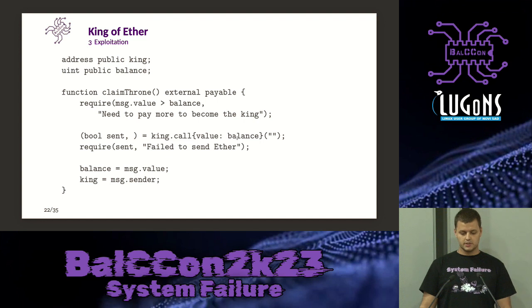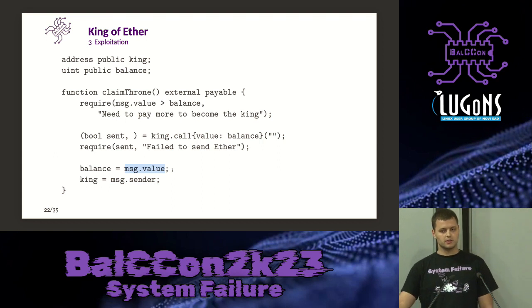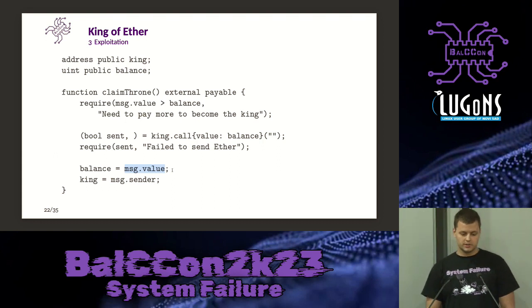And what happens here, that's, let's say, unexpected, is if the caller is a smart contract. If a smart contract says, I want to be the king, here are tokens. This will work fine. This will set it as the king. Will set the new balance. And if someone wants to overthrow the smart contract king, then there will be some issues.